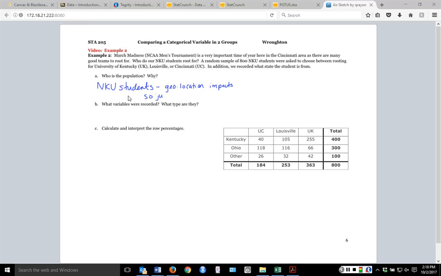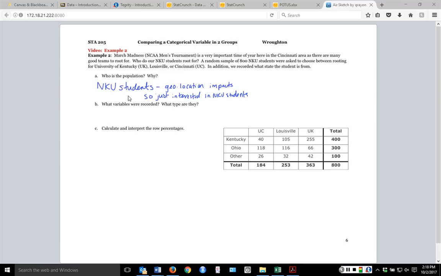So we're just interested in this group, in NKU students. I also might look at students at UC. That'd probably be very different as well, since I'm not including NKU as one of the options there.